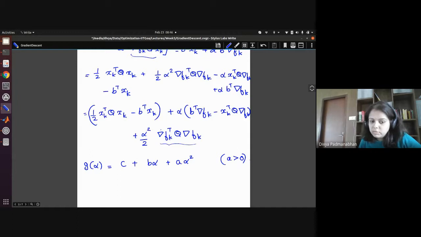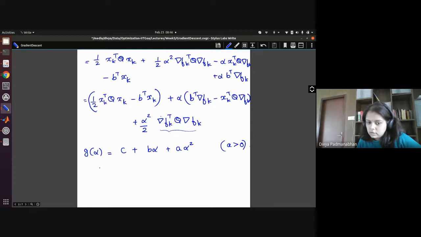So now how will you minimize this g(alpha)? What is the alpha which minimizes this? Remember we did some things, the necessary and sufficient conditions. First set the first order differential to 0. So g'(alpha) you set to 0.